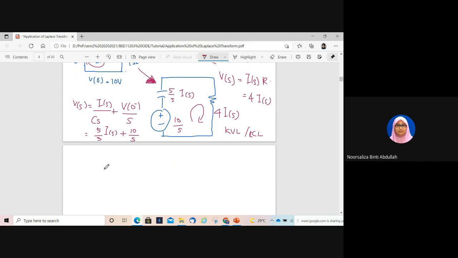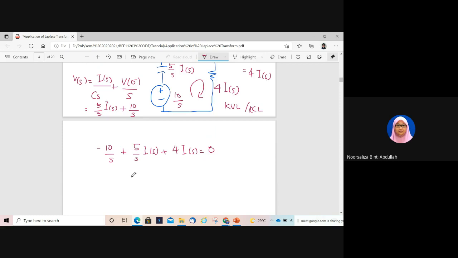So what is the KVL here? You have negative 10 over s, plus 5 I(s) over s, plus 4 I(s) equals to 0. Do you all understand how to do KVL? Then you group the I(s).